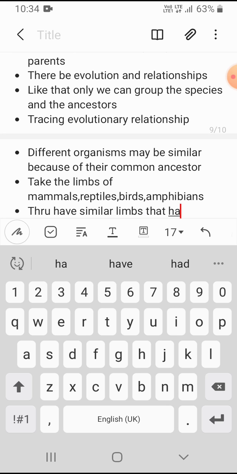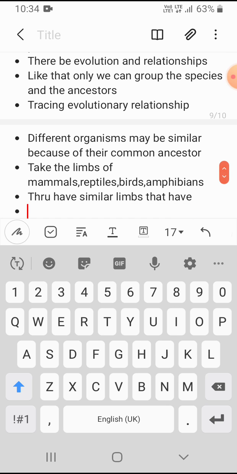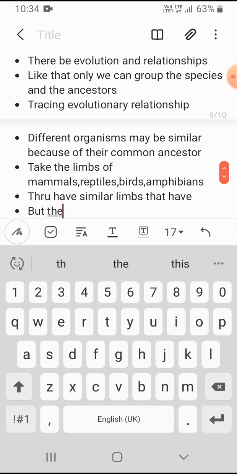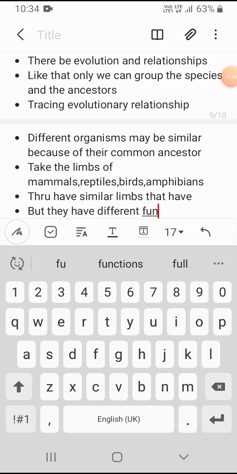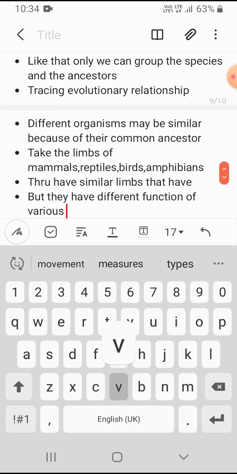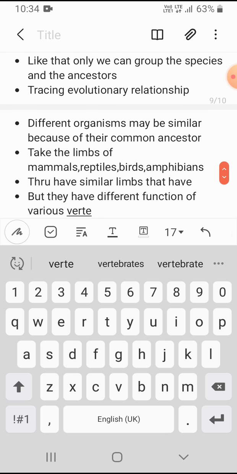They have not just similar limbs, but they have different functions across various vertebrata.